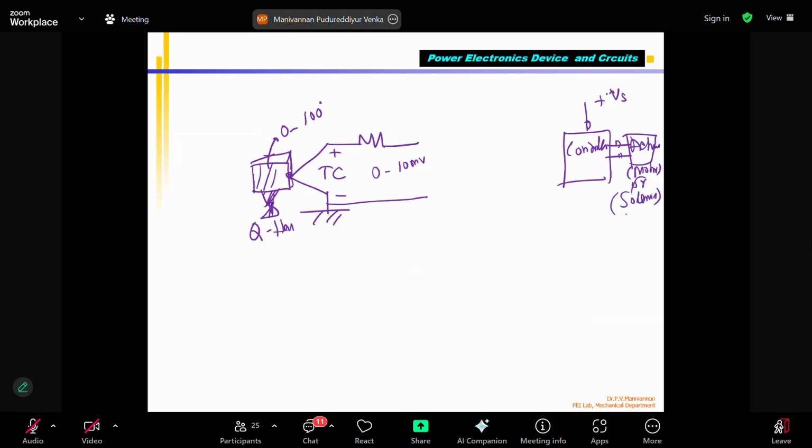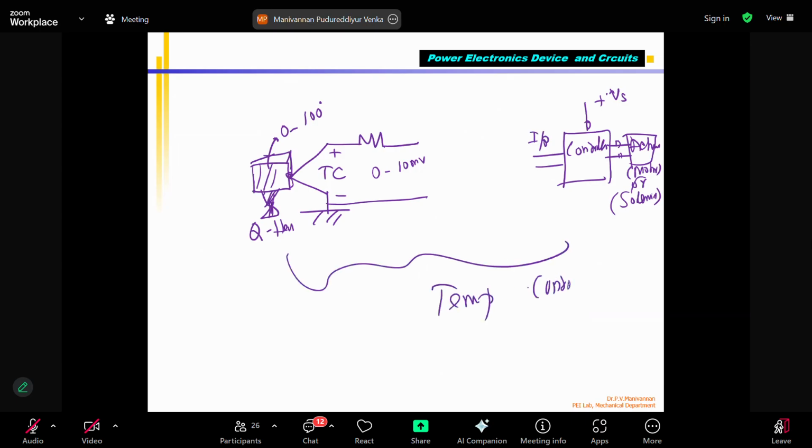The solenoid is a load, anything. It can be electric motors, a heater, any electrical device which is going to drive your system: opening valve, closing valve, heating, whatever it may be. This needs an input. This is a temperature control. The whole thing is a temperature controller.